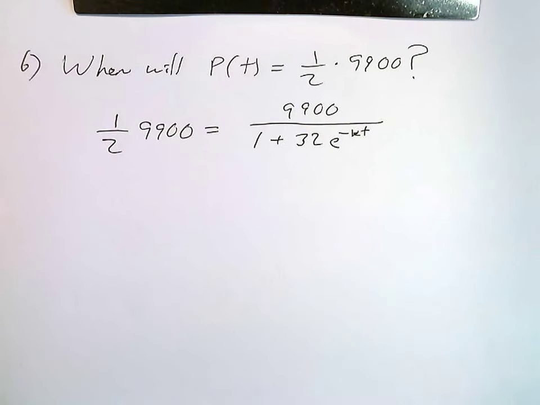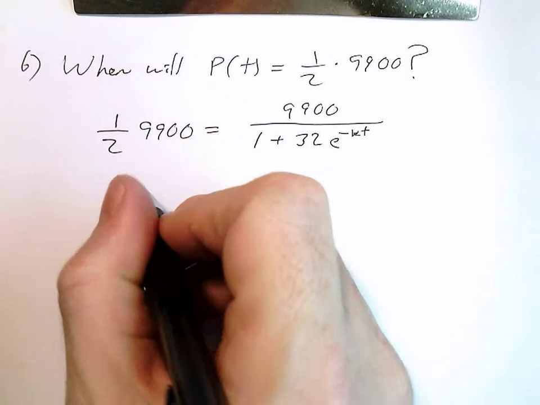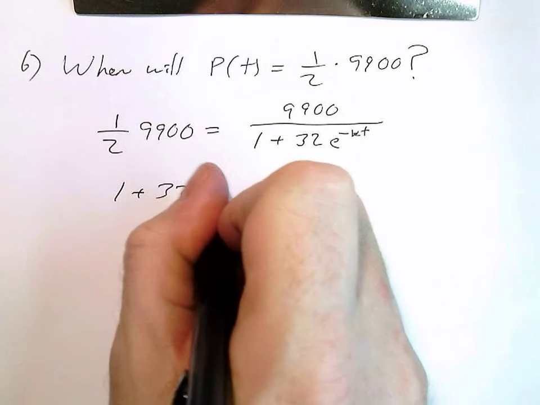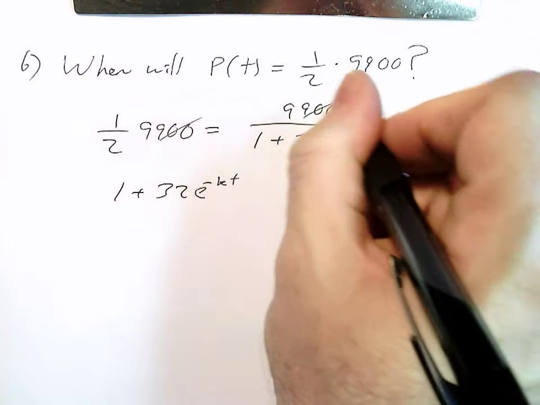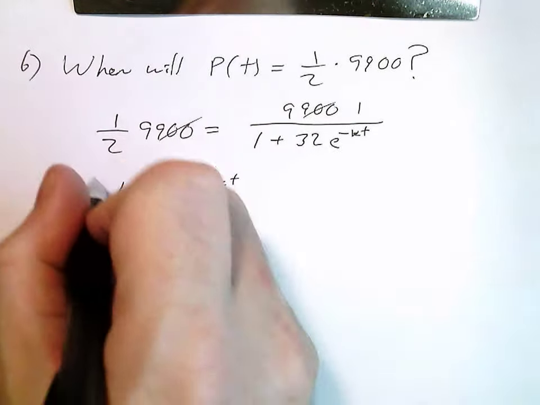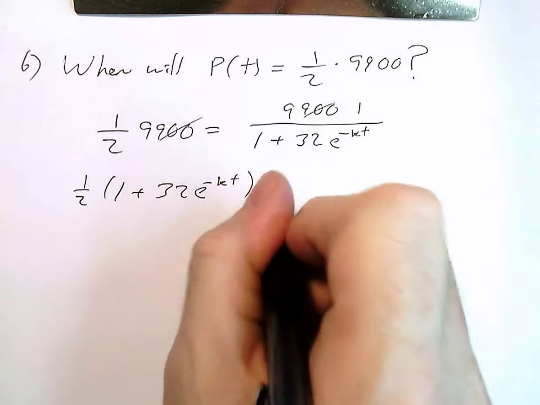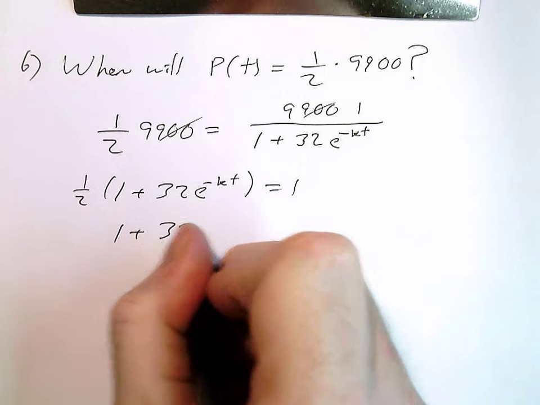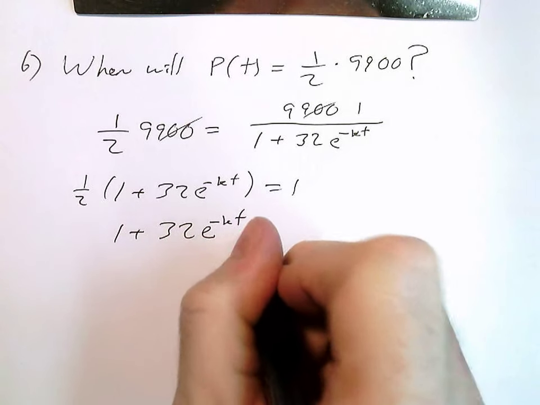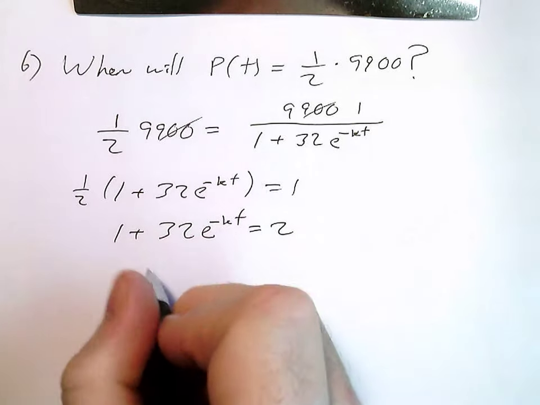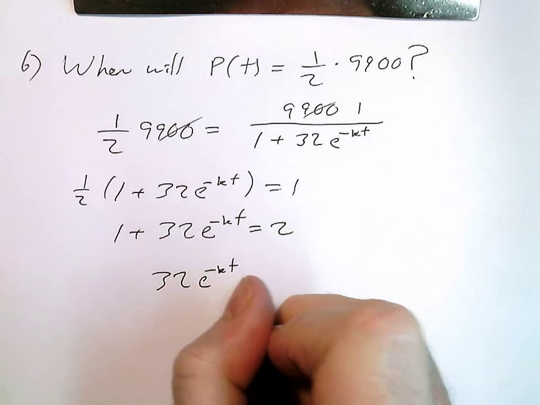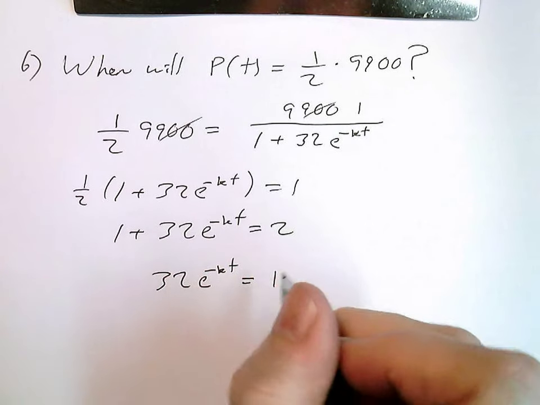I know what k is, but I'm not going to write it till the end and put it in there. So this means I'm going to have 1 plus 32 e to the minus kt. I cancel those out, times 1/2 equals 1. So 1 plus 32 e to the minus kt is 2. Subtract 1 from both sides, 32 e to the minus kt equals 1.